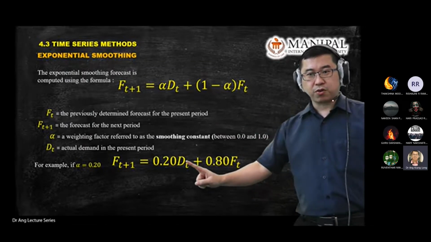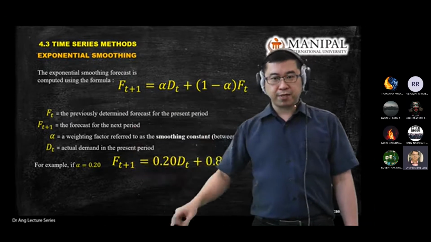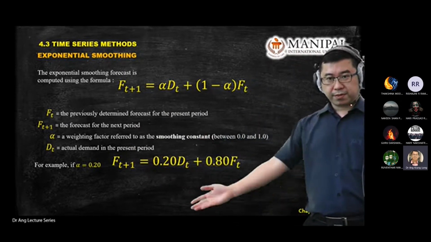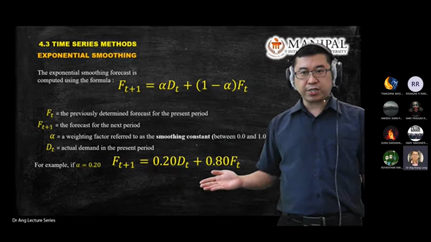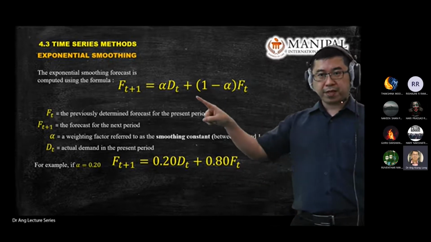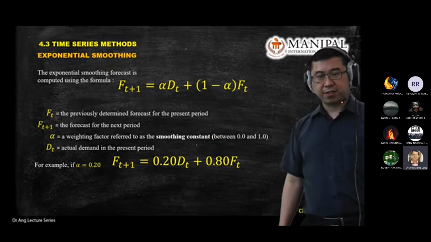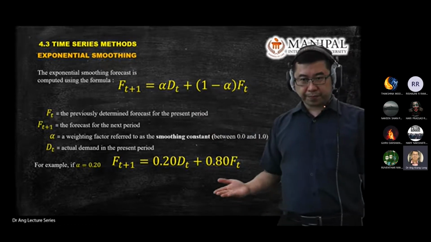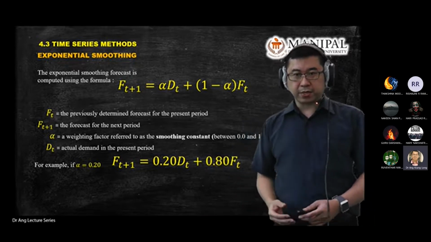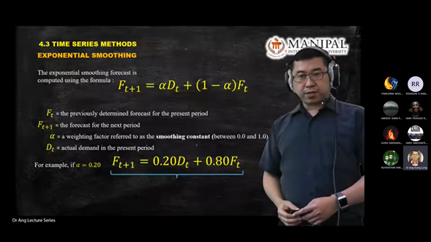You combine together, and it becomes your next month forecast. Okay? This is the concept of exponential smoothing. It needs two data: demand data and forecast data. Let's look at one example so that you can appreciate the equation.